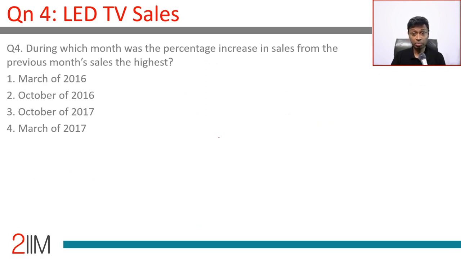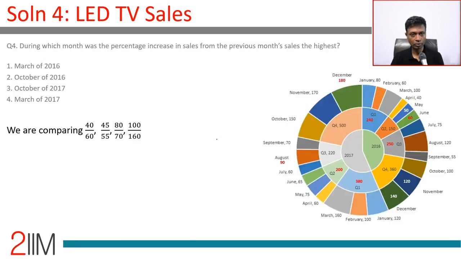During which month was the percentage increase in sales from the previous month's sales the highest? March of 2016. From 60 to 100, an increase of 40 by 60.